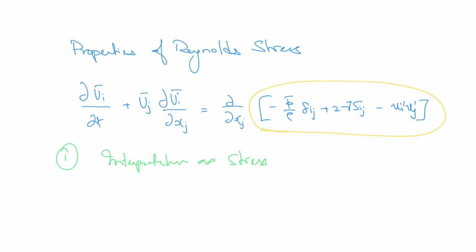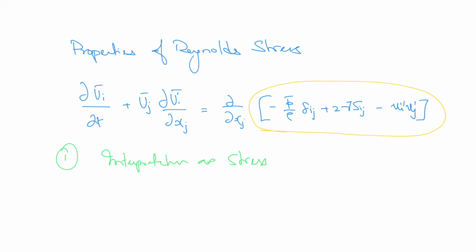So we can deduce that these three terms are stresses, which is evident from the first term. It is the pressure based isotropic stress. The second one is the viscous stress, and the third one should also be a stress. That's how we arrive at the interpretation of this term ui'uj', the fluctuating velocity components which arose out of the Reynolds decomposition and averaging of the momentum equation, as a stress.